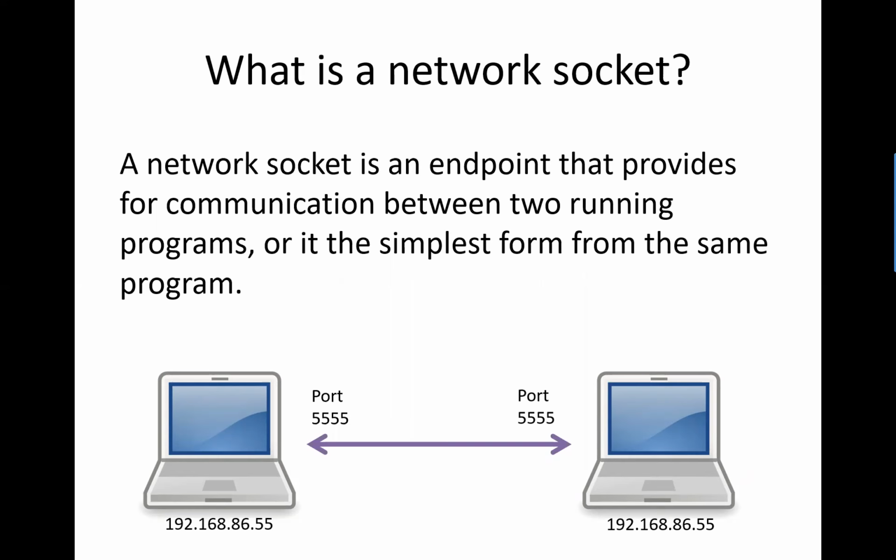Some programs actually use this concept to communicate information as a process within the program, but more traditionally it's used for two computers to connect over a particular port. Each of the computers would have an IP address, and they would decide on a port where they're going to communicate and exchange information.